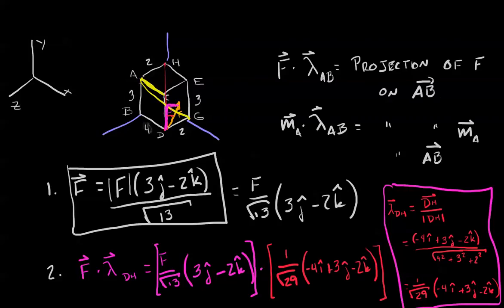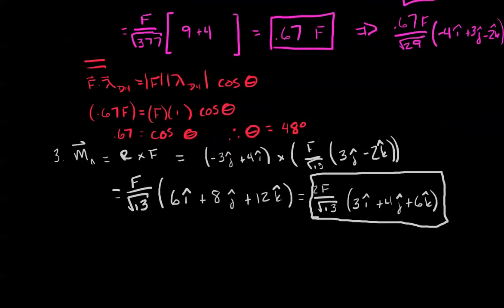Let's constrain that movement along AC. Now, what type of moment is going to be applied across that axis? Now, AC is only working in the I direction. So the moment about AC is simply going to be the projection of the moment about A along the unit vector AC.